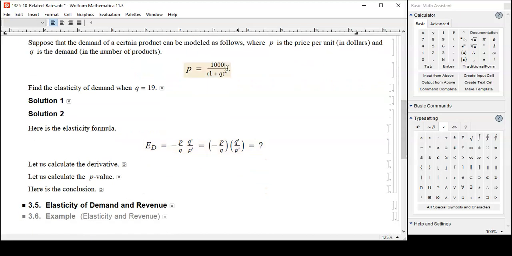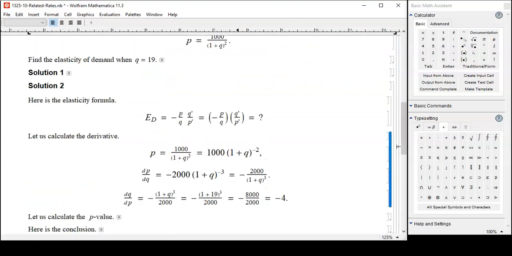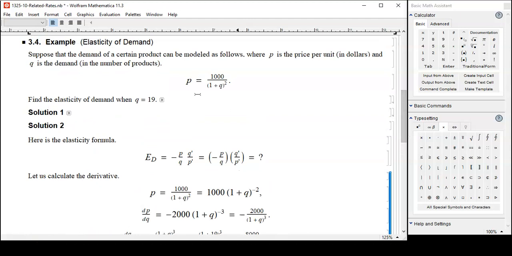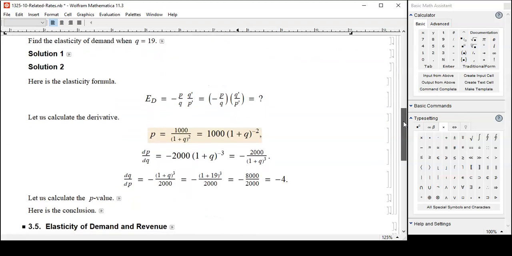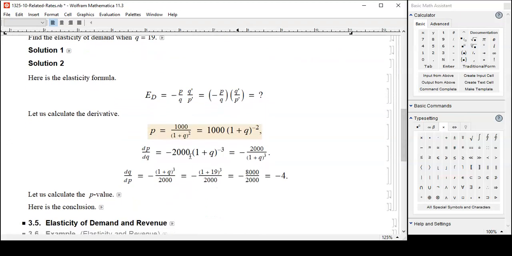Okay, from here let's calculate the derivative. P is, this becomes a power expression, okay, so that I can take the derivative.